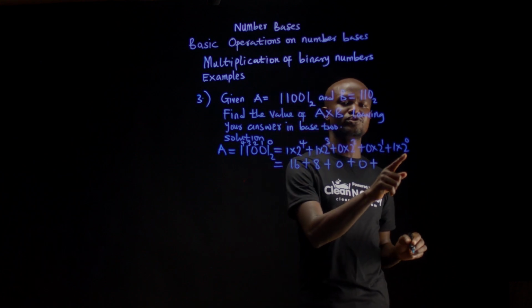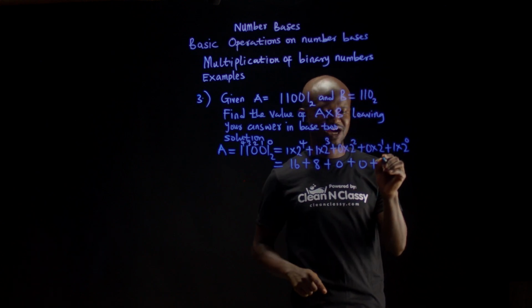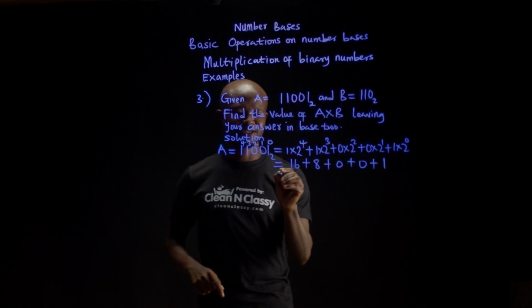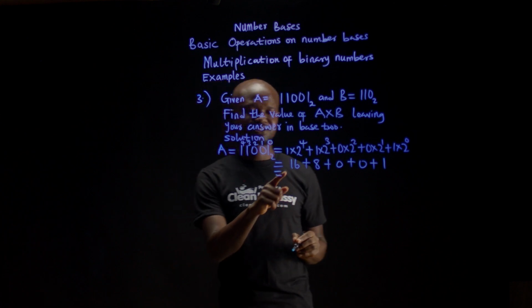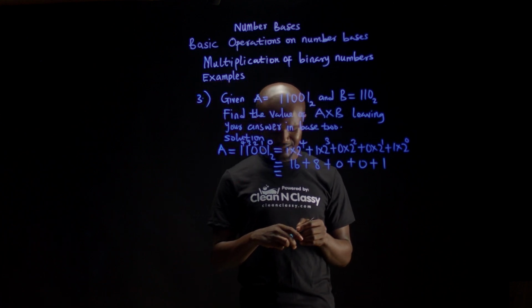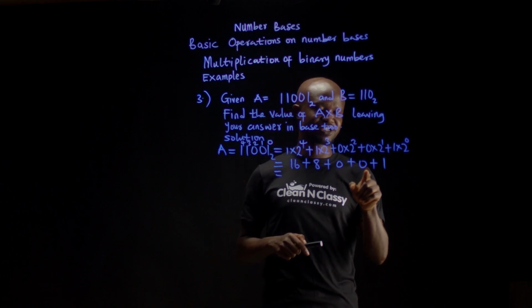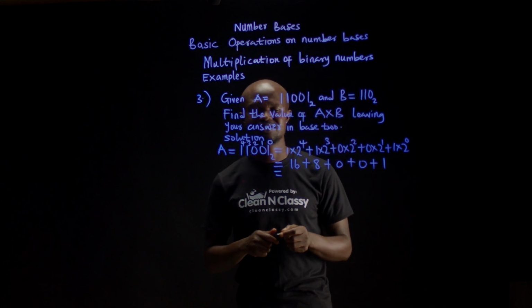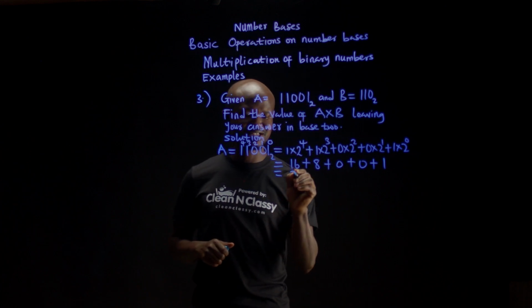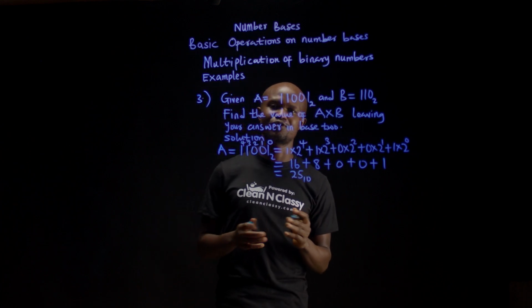Plus 2 raised to the power 0, that is 1, and 1 times 1 is 1. Now this will give us 16 plus 8, that's 24, plus 0 plus 1. That will give us 25. So this is 25 base 10. That's for the value of A.